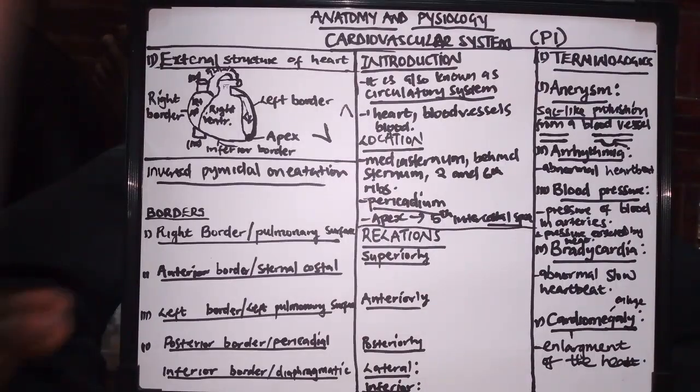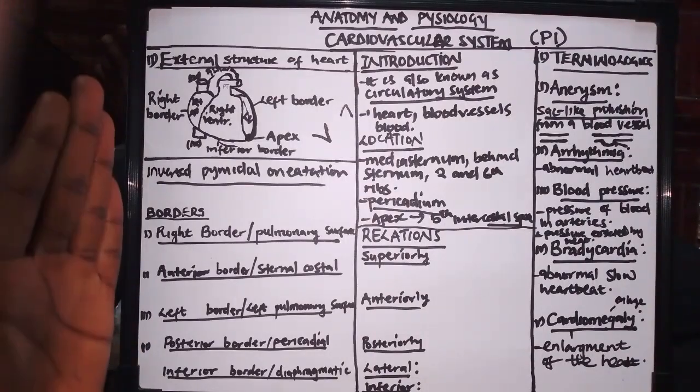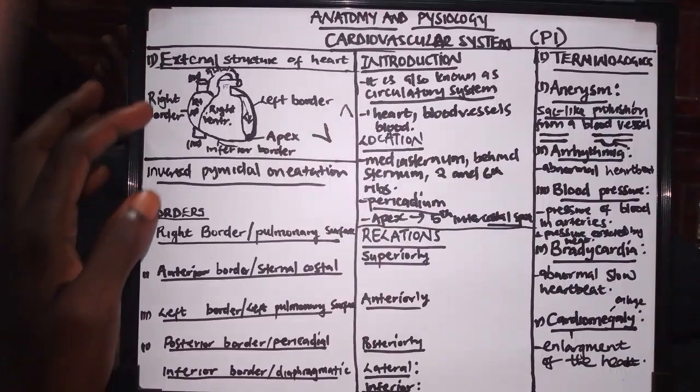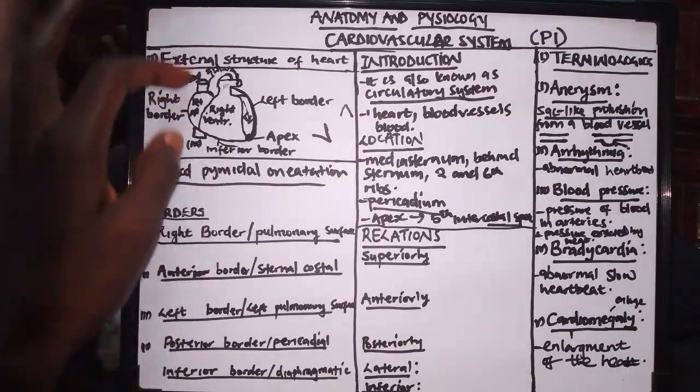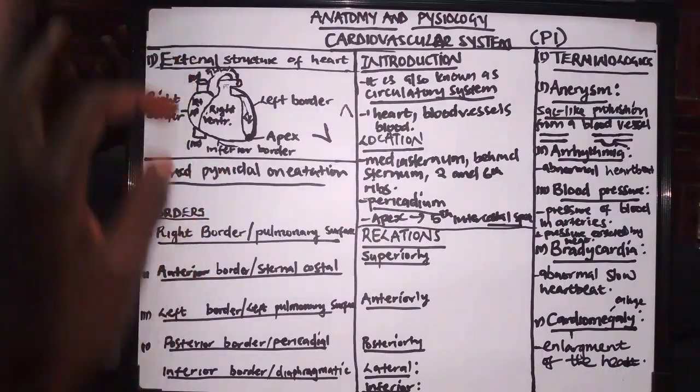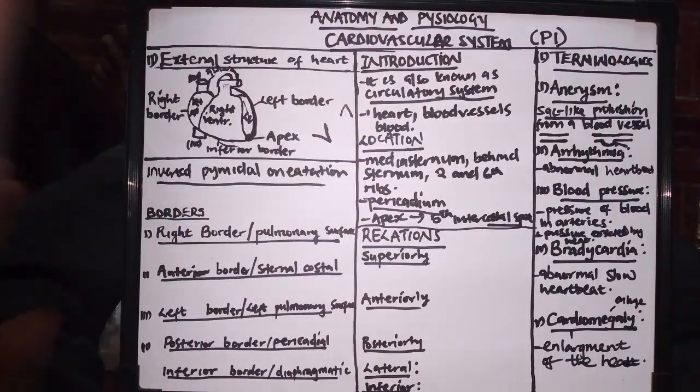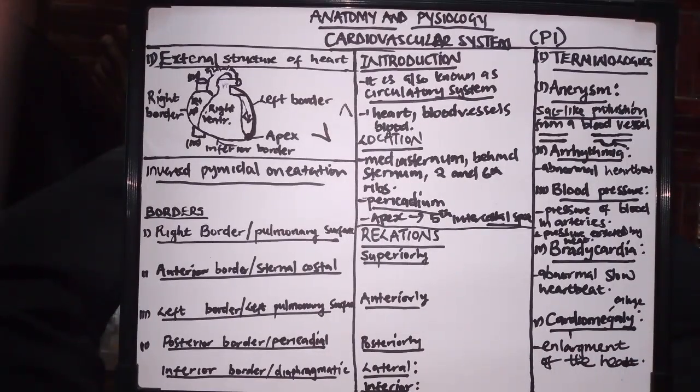So our first border we are looking at is the right border, which is this one. The right border is also known as the right pulmonary surface. Why is it called the right pulmonary surface? The right border is called the pulmonary surface because that's where the lungs are, or that side is related to the lungs.